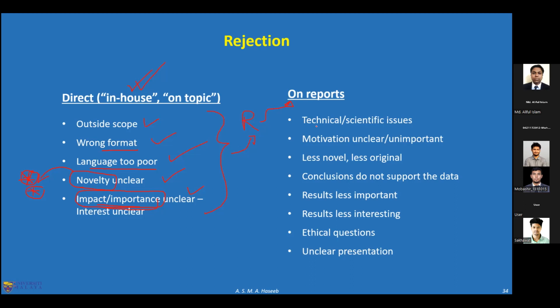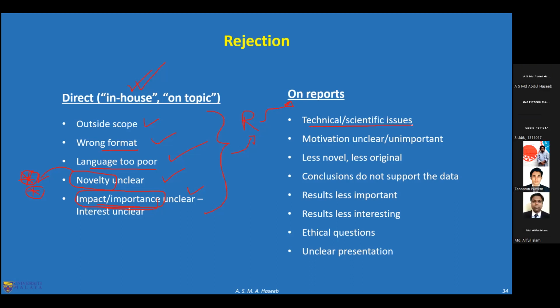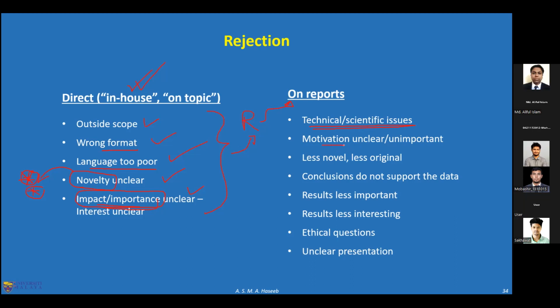And they may reject based on this. It's not technically and scientifically good enough. The motivation of the work is not clear. Why you have done the work? You were not able to identify the research problem. The paper is not clear enough about what exactly you are doing. The novelty is not clear.